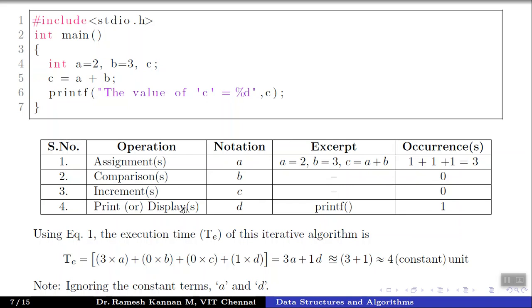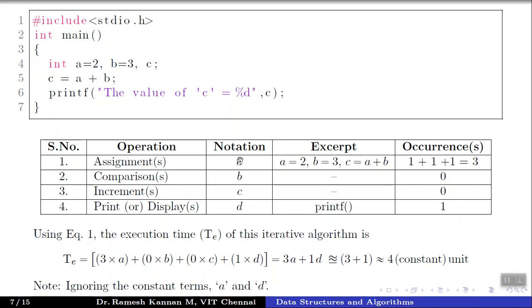Let's take a look at the occurrences, with the notation A, B, C, D. For the assignment operation, I've assigned A to 2, B to 3, and C is also an assignment operation because C equals A plus B. So in total we have 3 assignments in this particular code: A equals 2, B equals 3, and C equals A plus B. So the occurrences is 1 plus 1 plus 1, which is 3 times A.